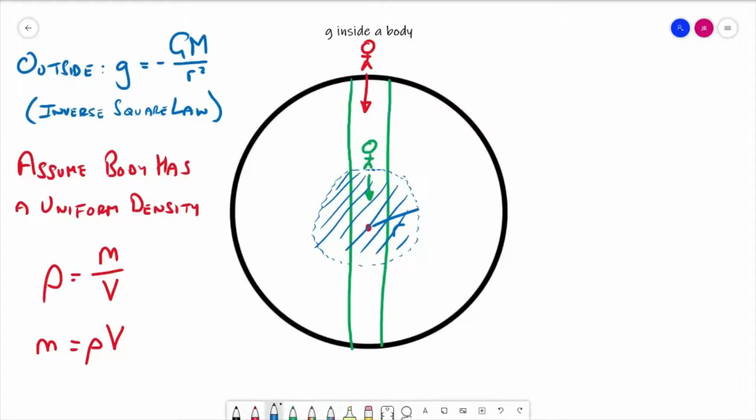How do we work that out? We know that the blue shaded area is a sphere with a radius r, and therefore we can work out its volume very easily. The volume of a sphere is given by 4/3 pi r cubed.